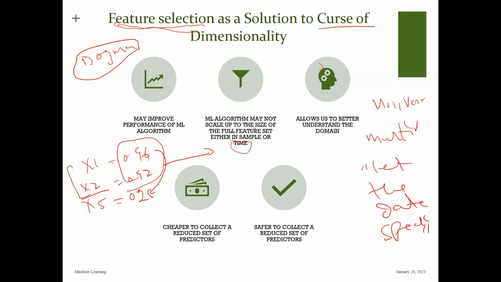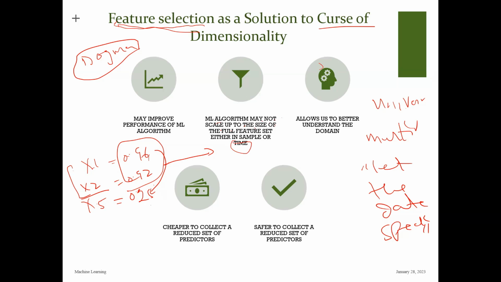Sometimes it could be the timing, because if the samples are available and they're huge, then in reality your algorithm is not able to model it in a reasonable time. Maybe there is even no machine that you can use to run it. In which case, you need to bring it down. You need to reduce the number of features.